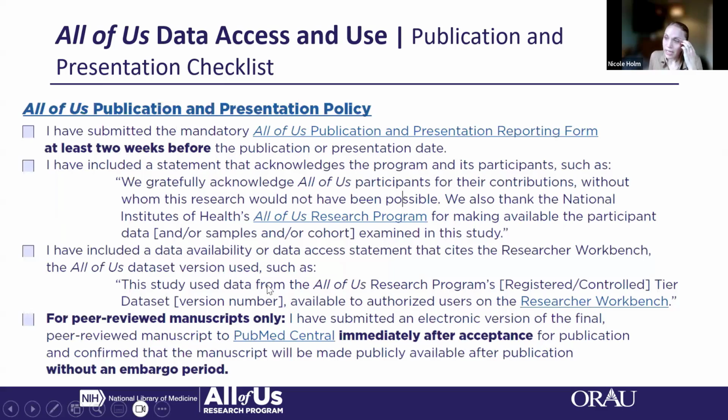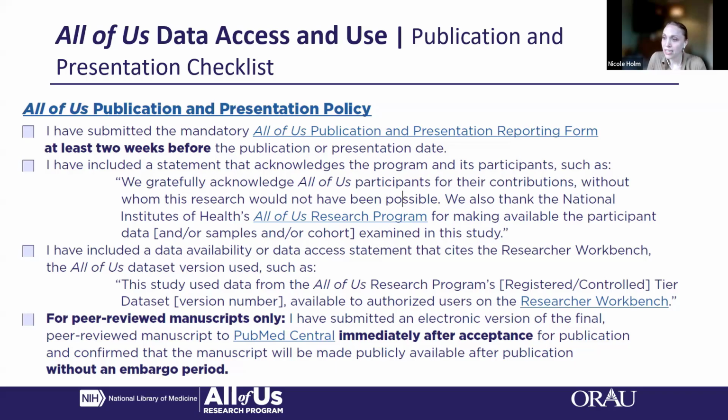The All of Us publication and presentation policy portion of the checklist also details that you can confirm you have submitted the reporting form for your work. You have included a detailed statement acknowledging the program and its participants, and we include an example of what that statement can look like here.